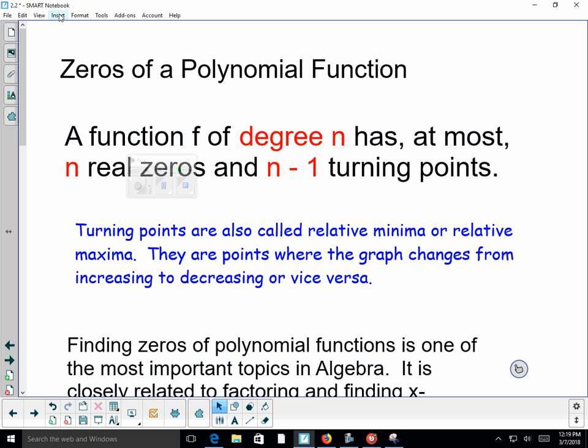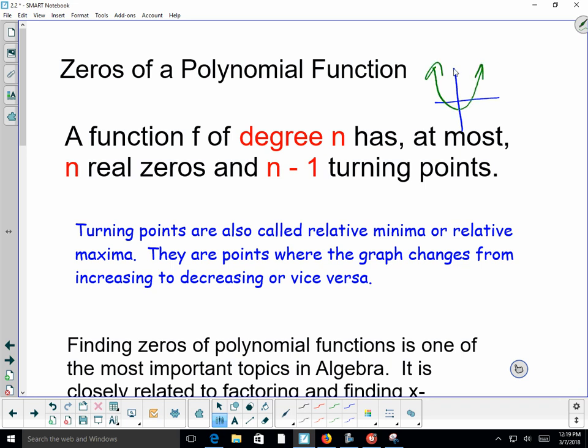Okay, one last thing. Zeros of a polynomial function. So a function f of degree n has at most n real zeros, and it's going to have n minus 1 of what your book refers to as turning points. So if it's degree 2, for example, you know the graph of a degree 2 is a parabola, right? So it's going to look something like this, right?